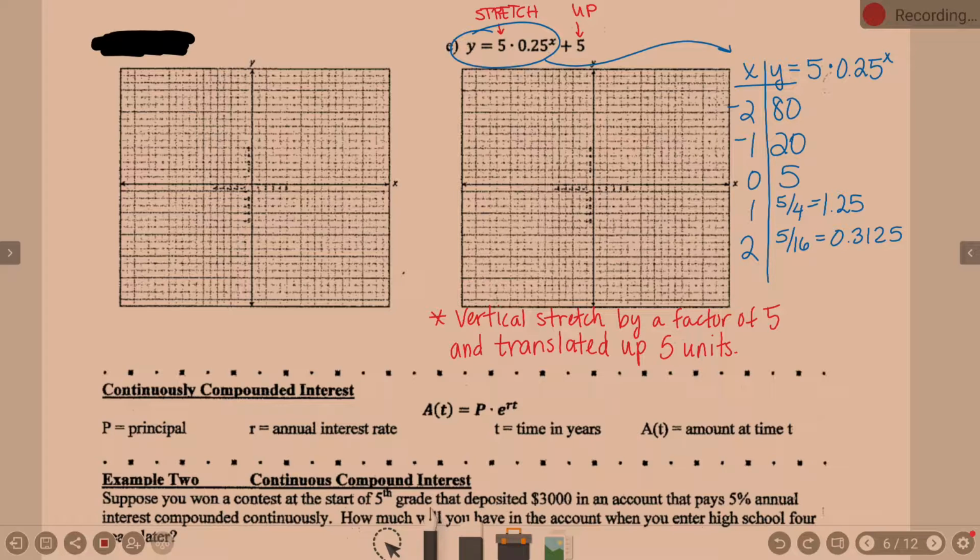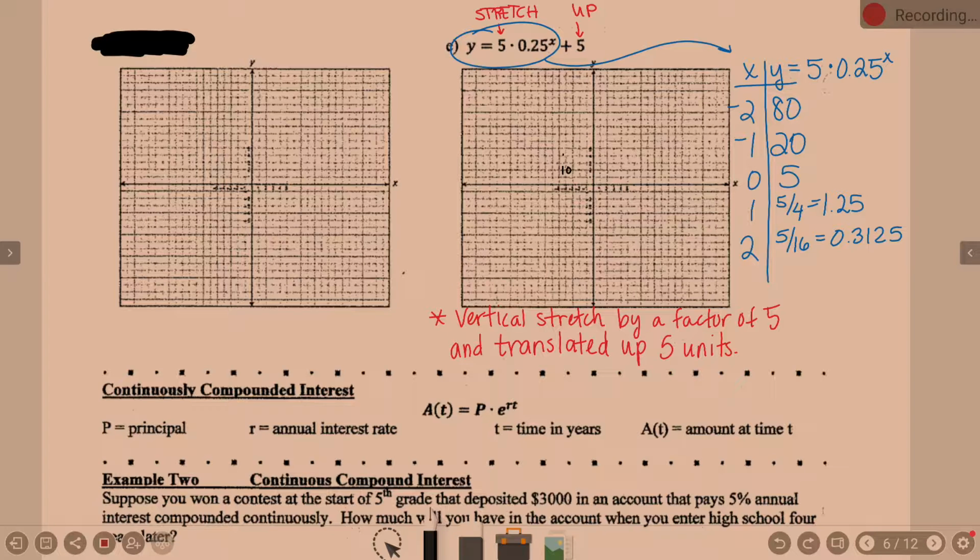What works relatively well is if I count by 5s. Right in this area, I'm labeling, but I'm going to label every other line. So here's the x-axis, 0, first line is 5, then I'm going to label 10.